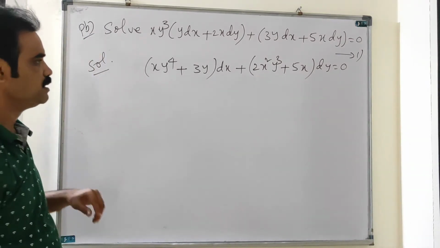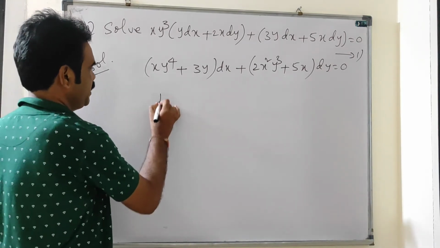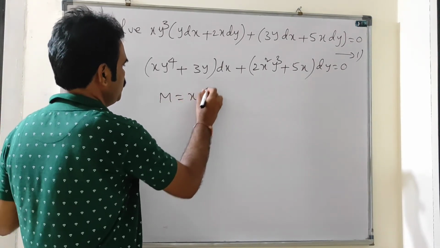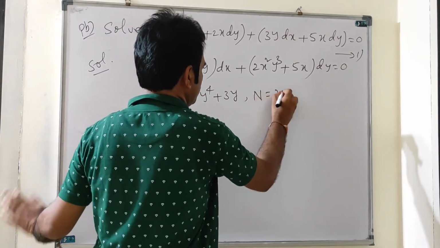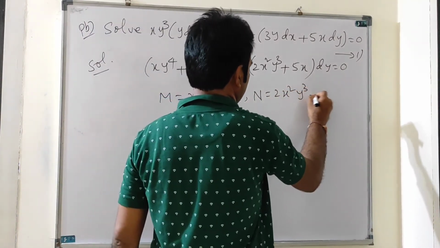Let it be equation 1. That means M dx plus N dy equal to 0. Here M equals xy power 4 plus 3y and N is 2x square y cube plus 5x.